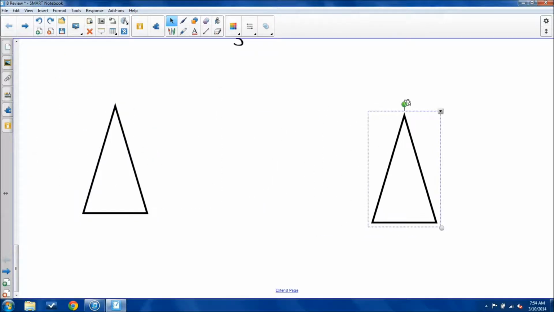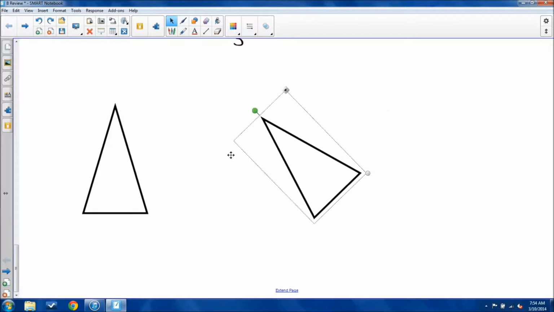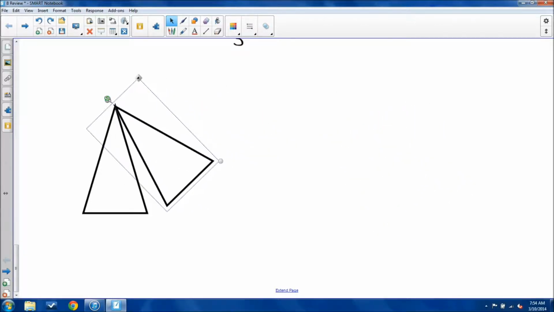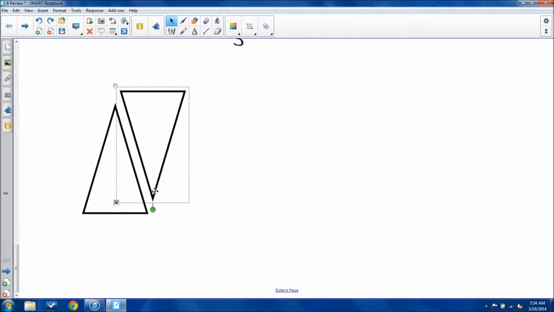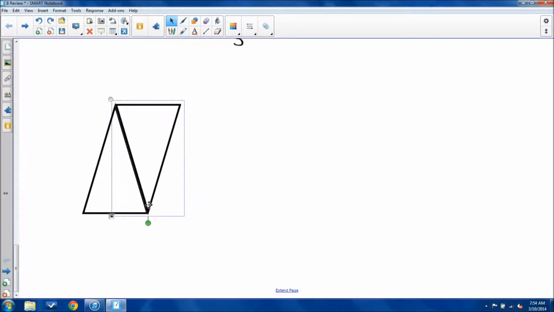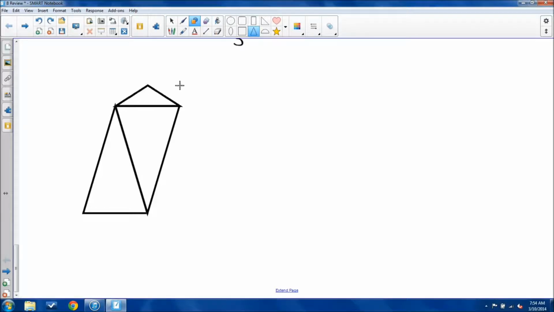Here's a triangle. If I add another triangle to it, and I close in this gap, flip it around, I've created a quadrilateral, looking at the outside only. Okay, let's add another triangle to this. Boom. I've created a pentagon. 1, 2, 3, 4, 5-sided shape.